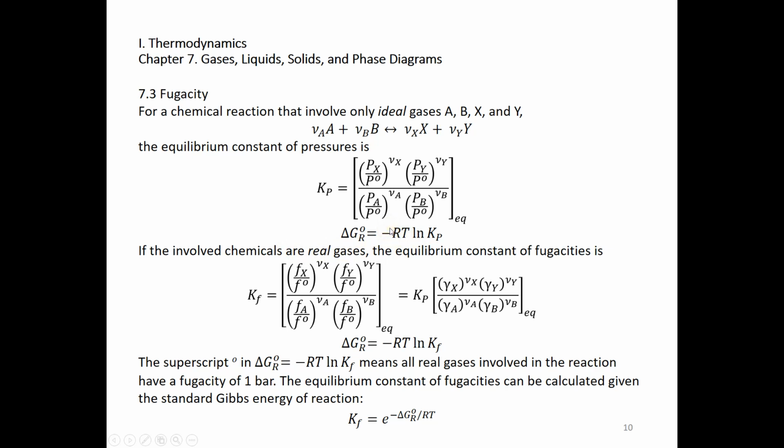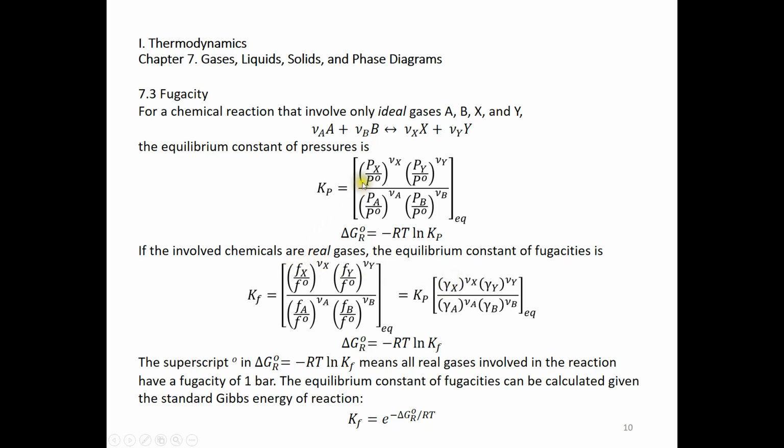But if all involved gases are real gases, we need to make some changes. Actually, the only changes we need to make is to replace every single P with F, every single pressure with fugacity, P naught with F naught, the standard fugacity on the bottom, and over here this is the fugacity of X, fugacity of Y, fugacity of A, fugacity of B. Because P naught is equal to F naught is equal to 1 bar, they are just the same, but F of X and P of X differ by this gamma of X. Again, gamma is the fugacity coefficient.